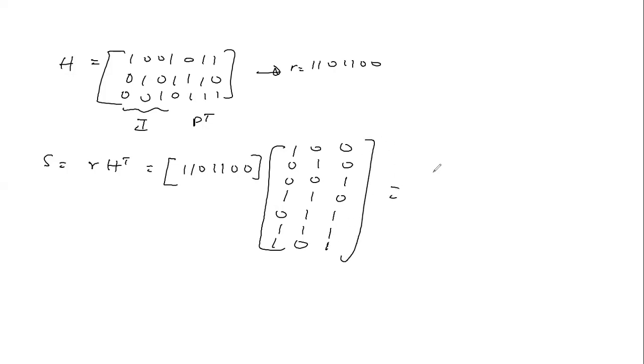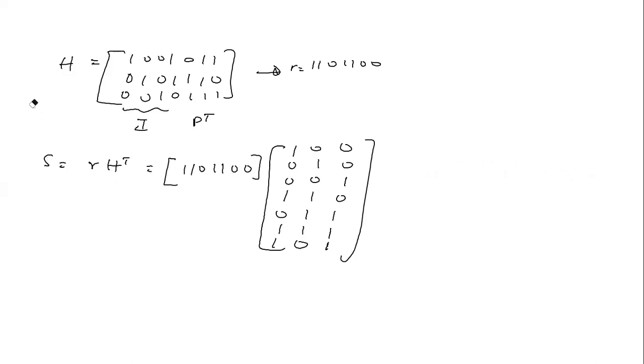Once we do this, we're going to have 1 times 1, plus, modulo 2 addition, 1 times 0, plus 0 times 0, plus 1 times 1, plus 1 times 0. I think I'm short of space here, so let's wipe this. Let's manage the space.